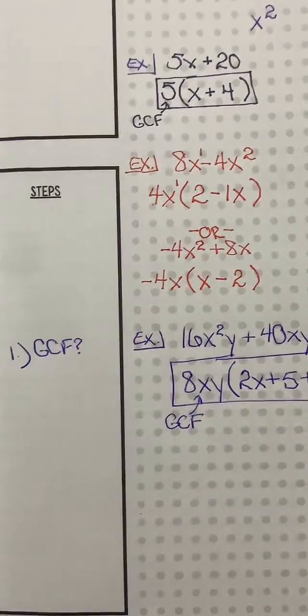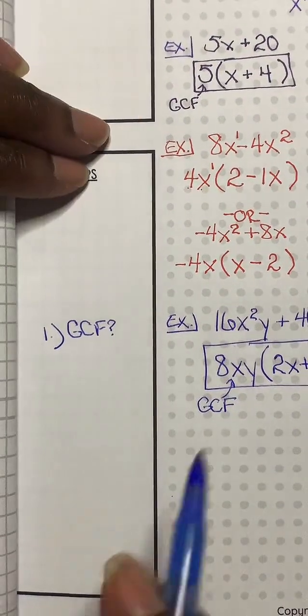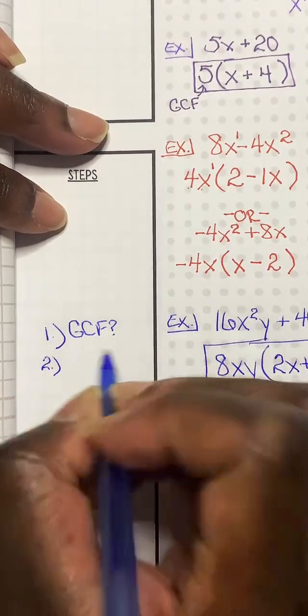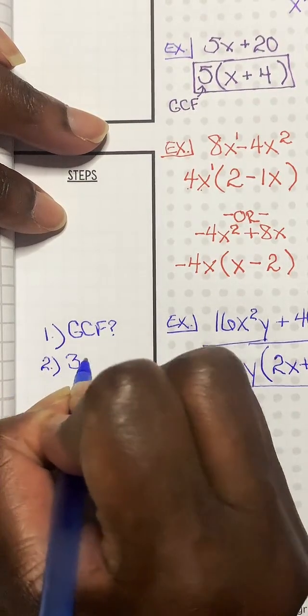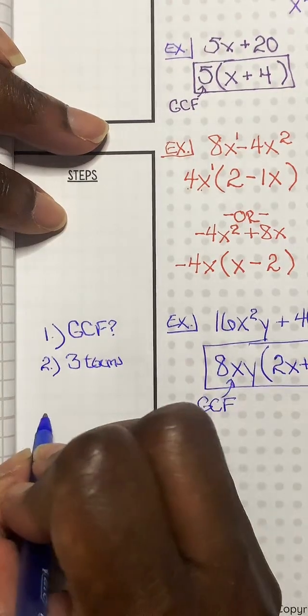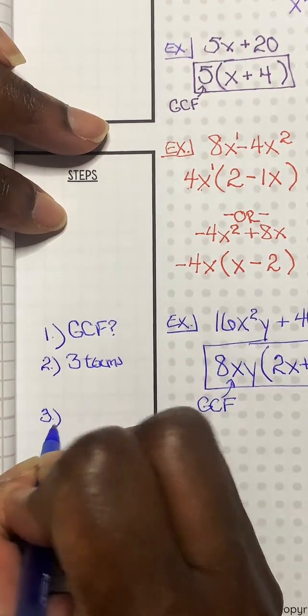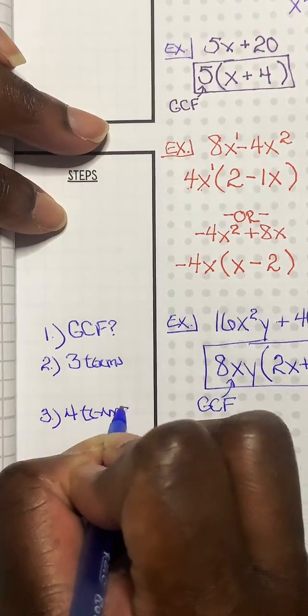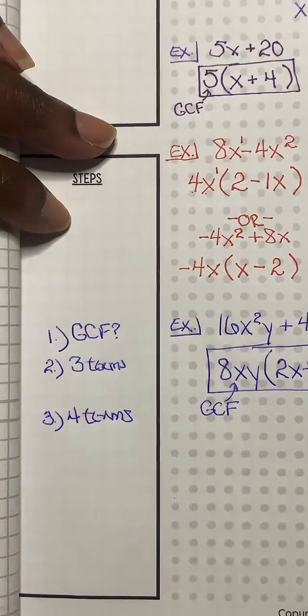All right. Now, the next thing you should be looking at is, do I have 3 terms or do I have 4 terms? Tonight we're going to work heavily on the 3 terms.